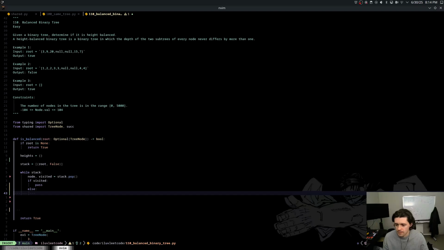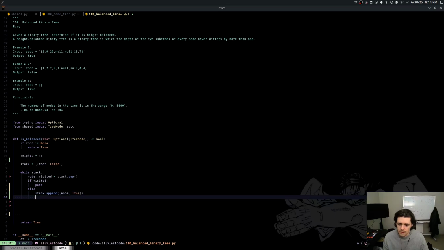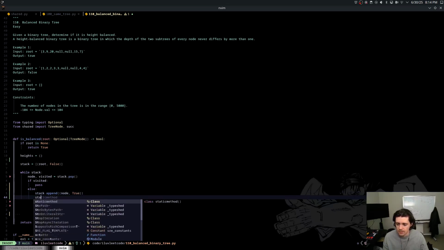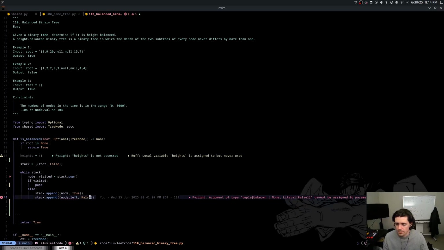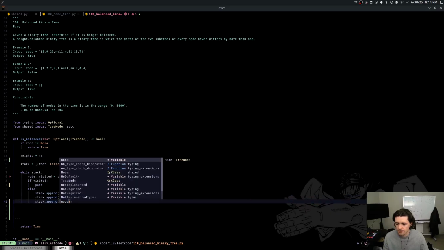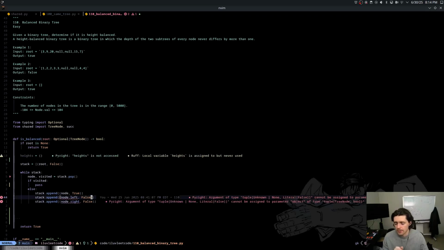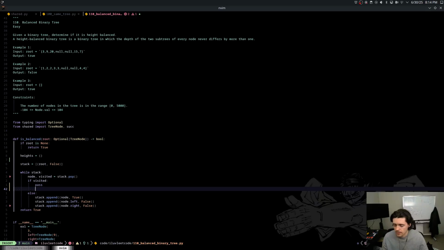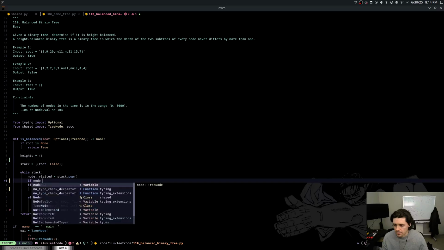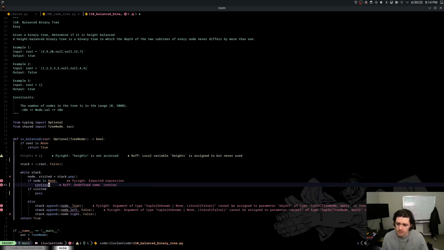And what we do is add the parent to the stack, mark it as visited, and then for the children, we'll add them to the stack without marking them as visited. If node is none, also skip that.